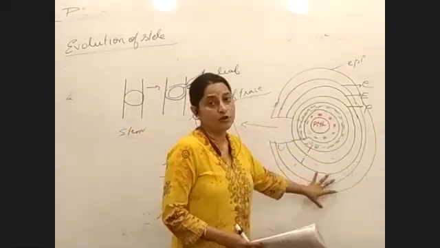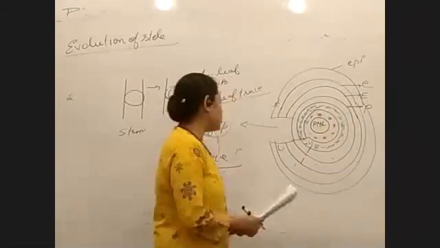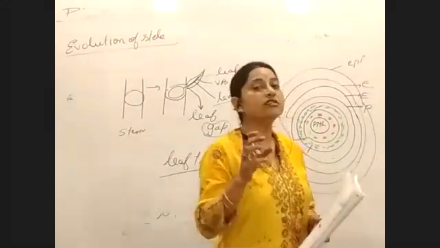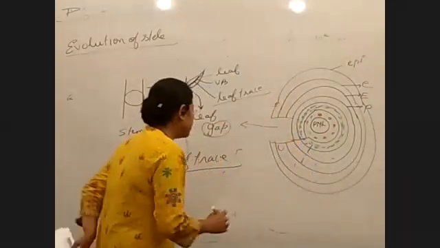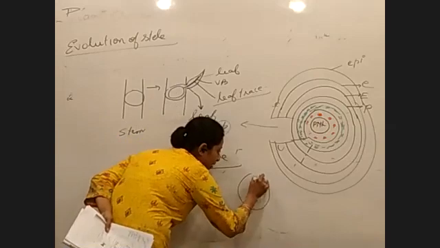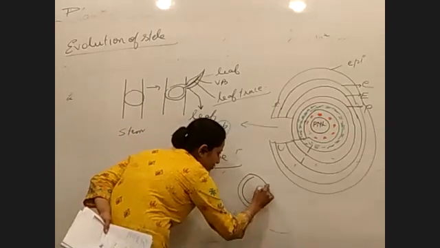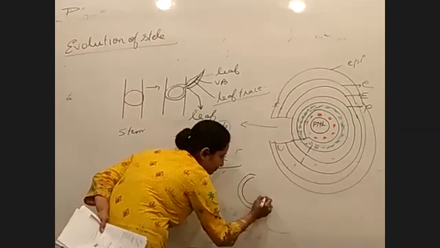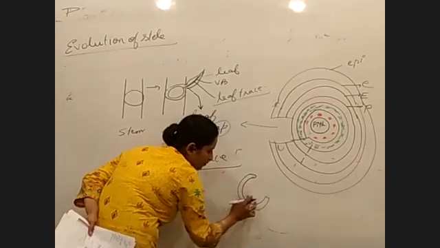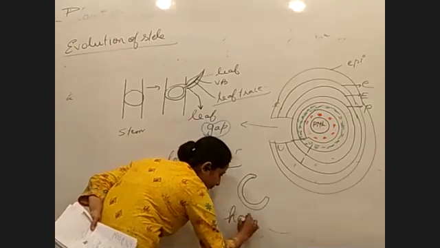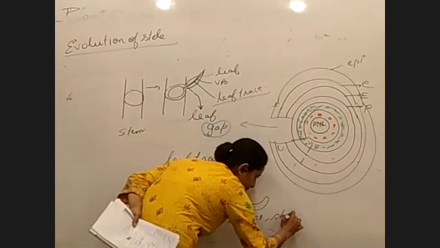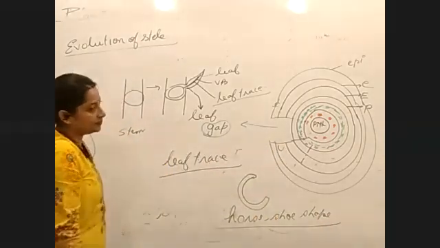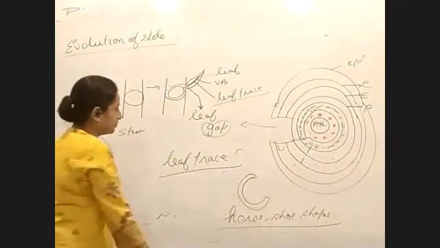Okay, now coming to the shape of solenostele, right? Solenostele, what shape does it have? It takes a horseshoe shape structure. It means, if you are talking about a round structure, and this round structure breaks in the middle and a gap forms, what does it look like? Is it a horseshoe shape or not?